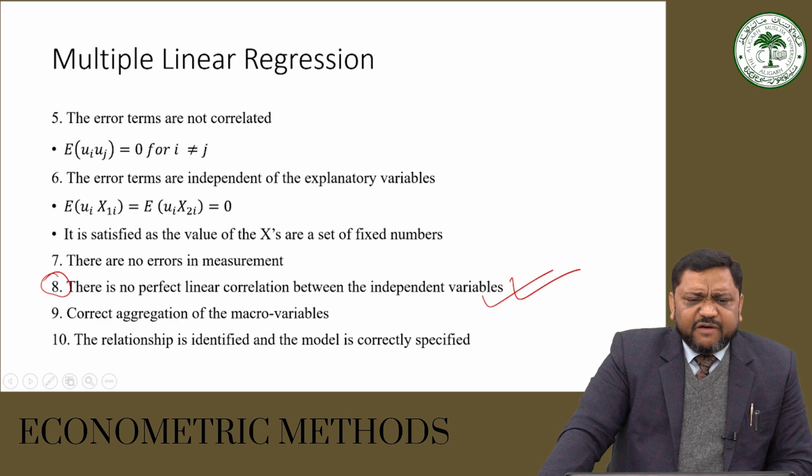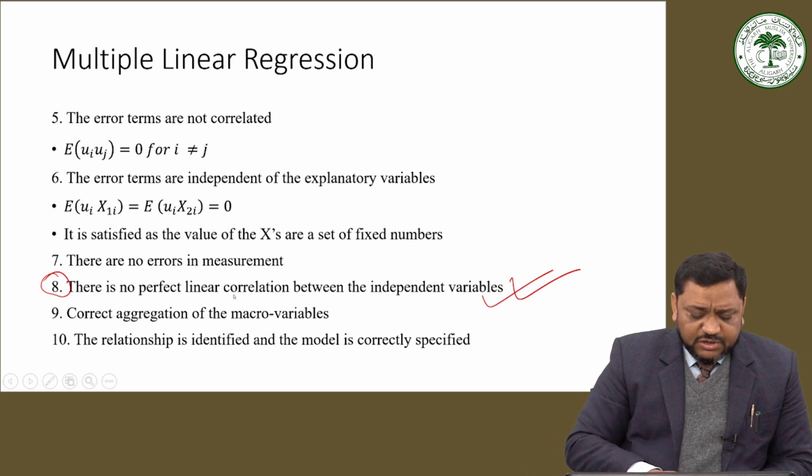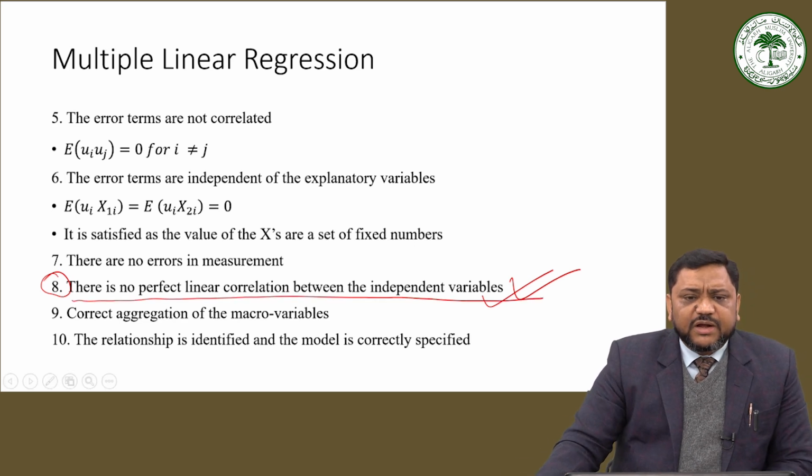So basically, we have just done a quick recap of the assumptions. These assumptions are the same as in the simple linear regression model, which we had done in detail, except for a new assumption: there is no perfect linear correlation between the independent variables.